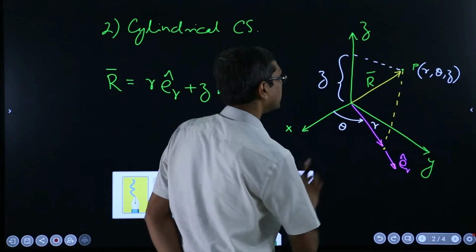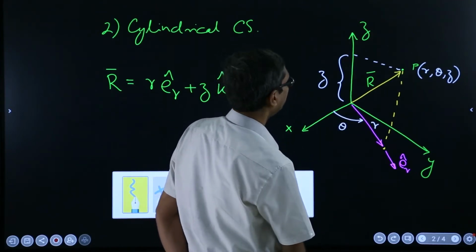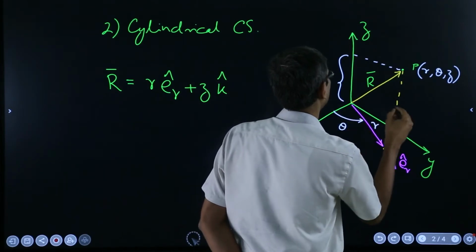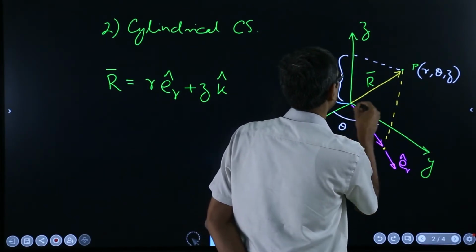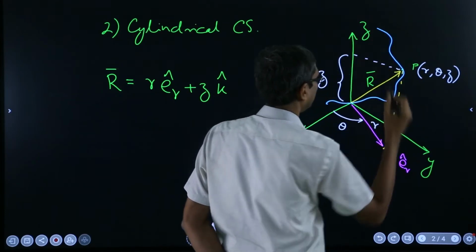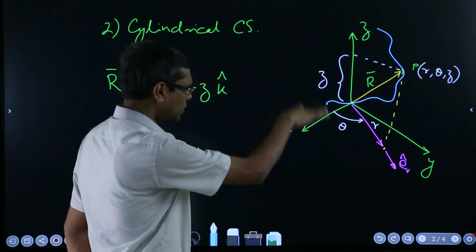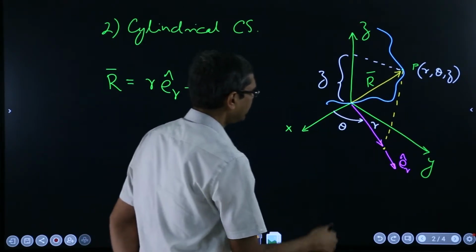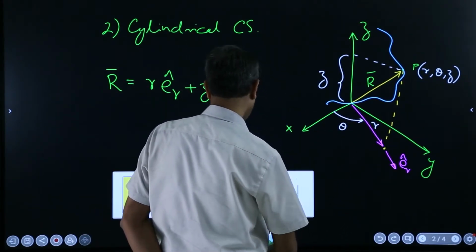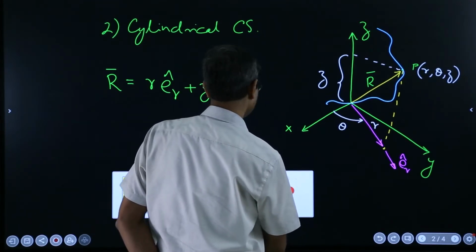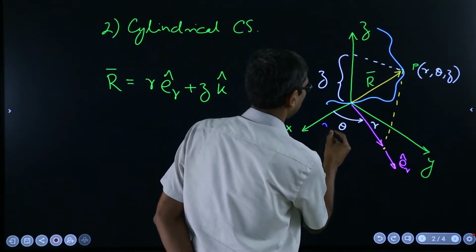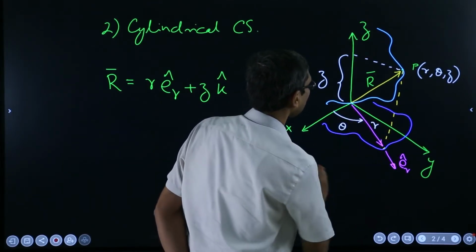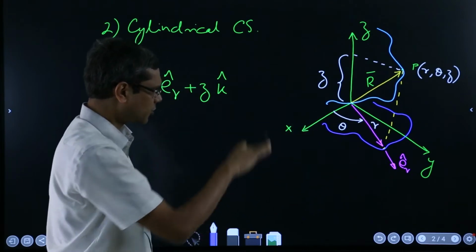This particle here may be moving on some random path. Let me draw that, something like that, and its projection on the xy plane will be maybe something like this. So these are its projection.